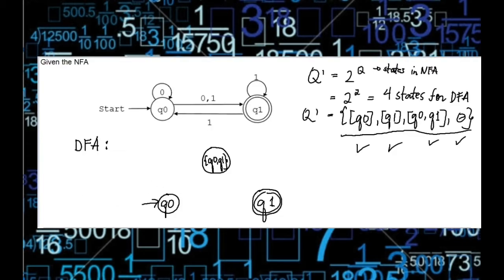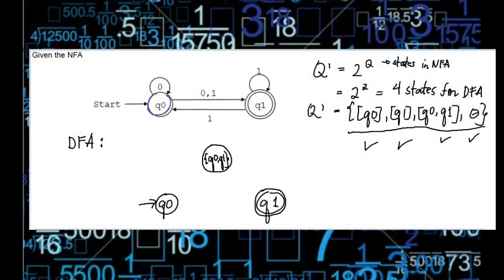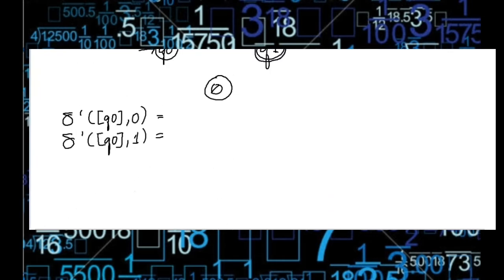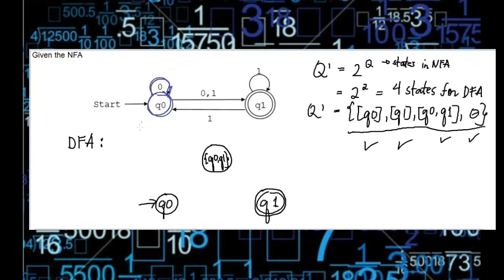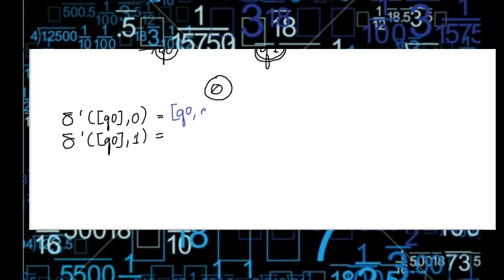For example, Q0, input 0. From our state Q0, if you input 0, where do you go? You go to 0, the same thing, you return to Q0. So, you will write here the answer, Q0. Then, is that all? When you input 0 again from Q0, where else can you go? You can go to the Q1 state. Okay? So, you saw that. You will write here Q1.